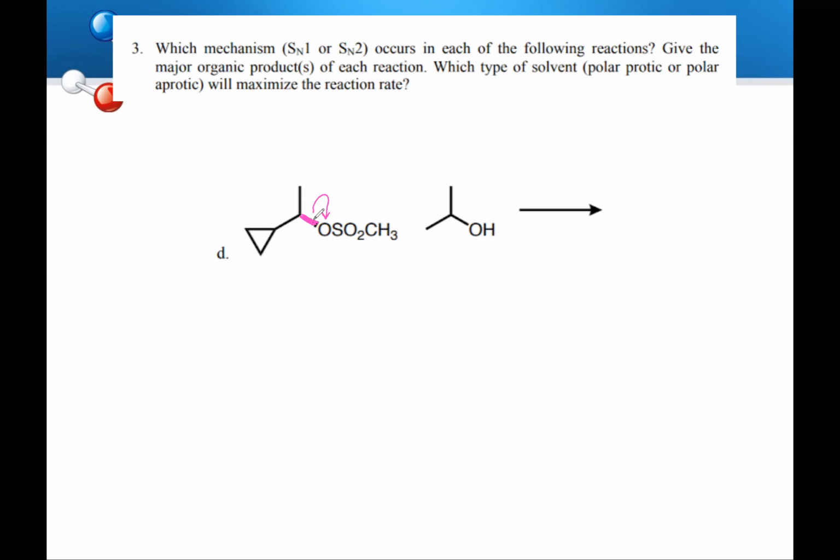And as a result, we're going to generate a carbocation. That looks like this guy right here. And additionally, we're going to have that leaving group that's going to be resonance stabilized. And then we'll still also have our nucleophile in solution.